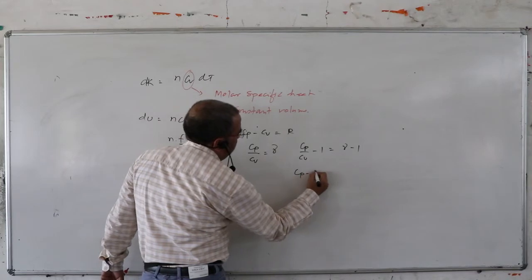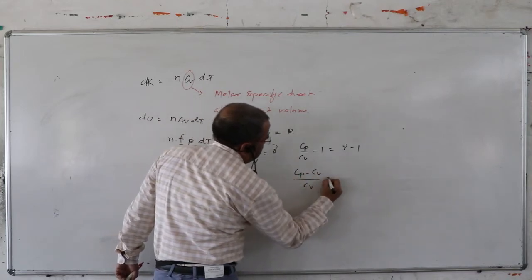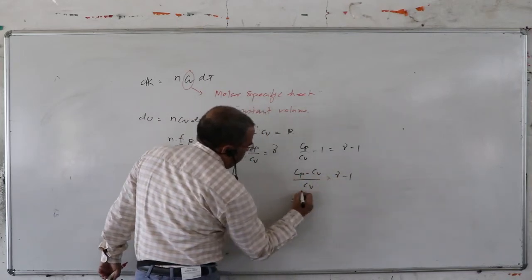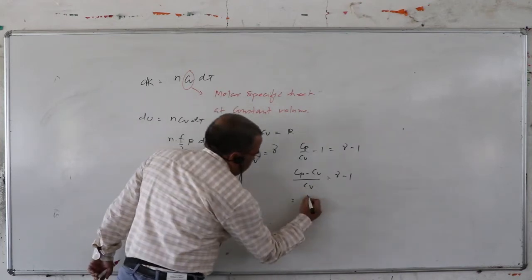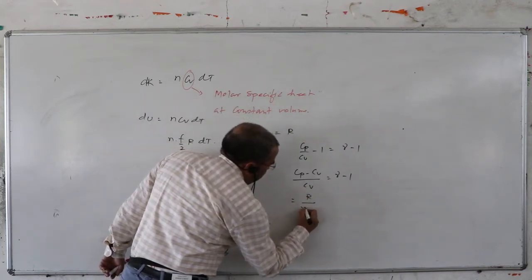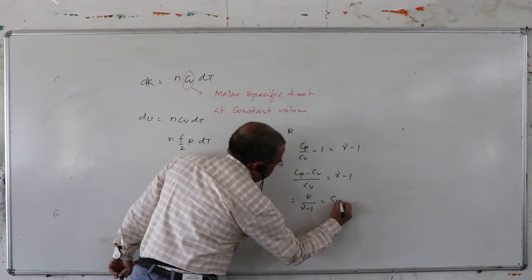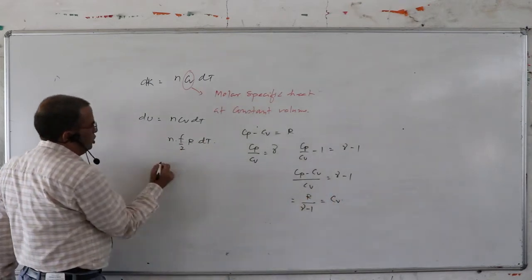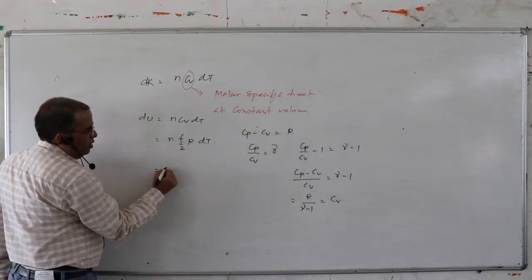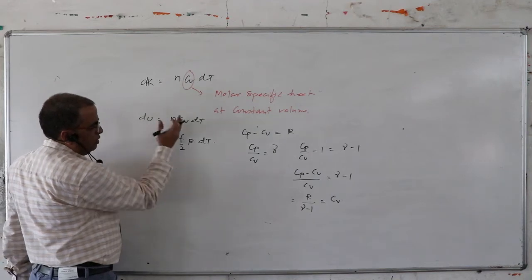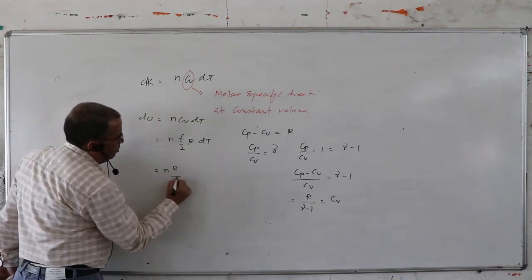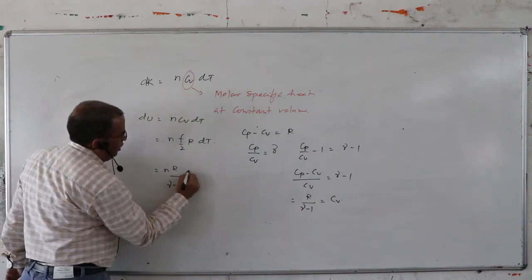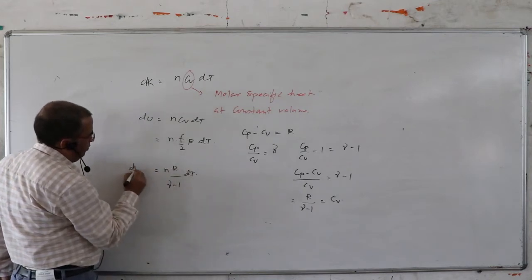This will be Cp minus Cv upon Cv is equal to gamma minus 1. Since Cp minus Cv is R, R upon gamma minus 1 is equal to Cv. We can rewrite the expression as n, in place of Cv, R by gamma minus 1 into dT.